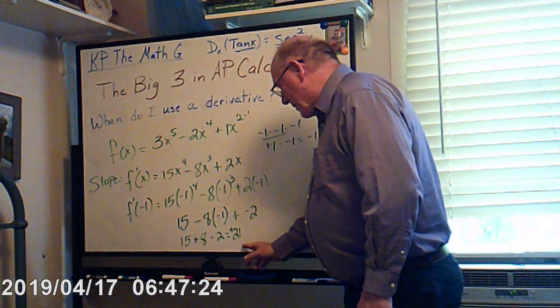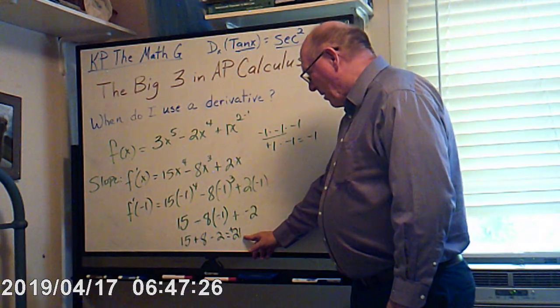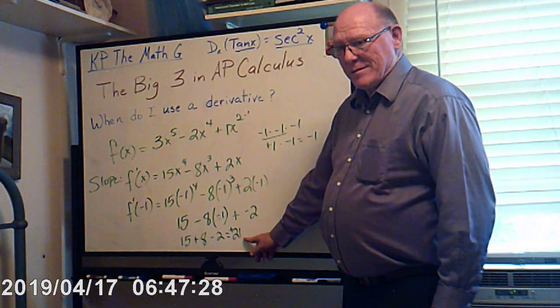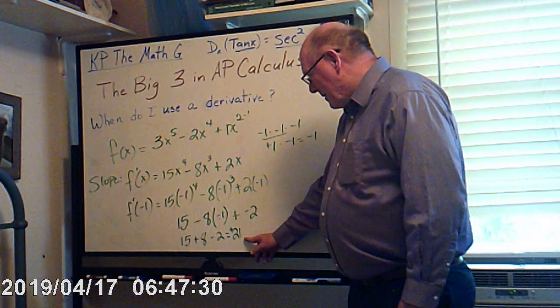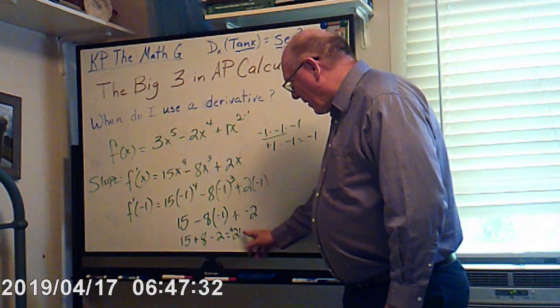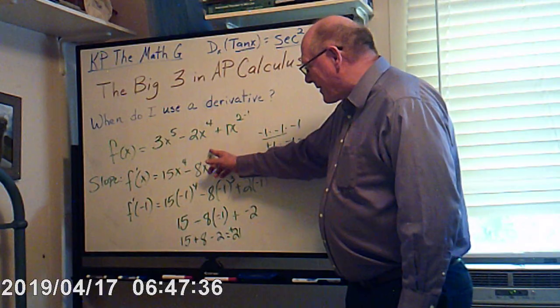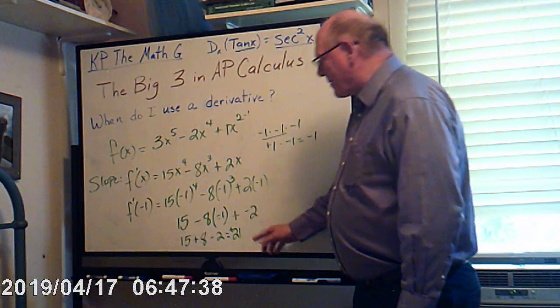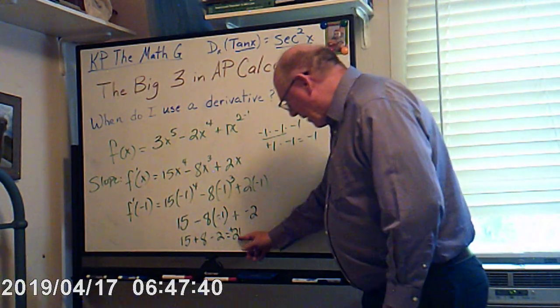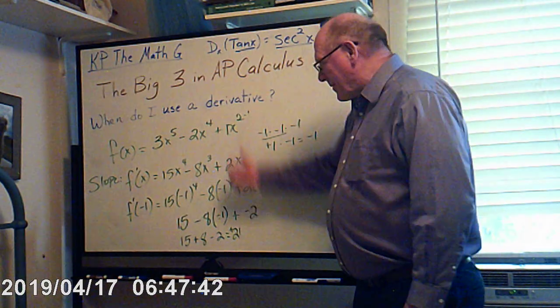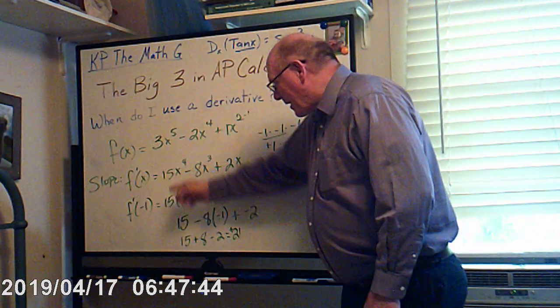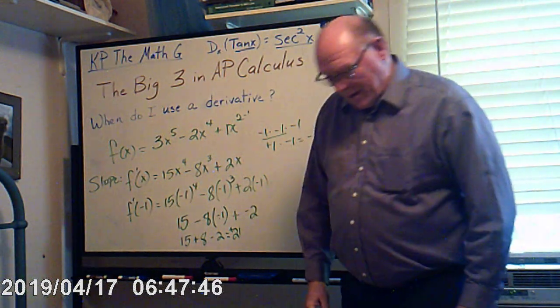Real sharp slope, almost straight up and down. So the graph of F is increasing at x equals negative 1. The slope is 21. The graph is increasing at x equals negative 1. So there we have it.